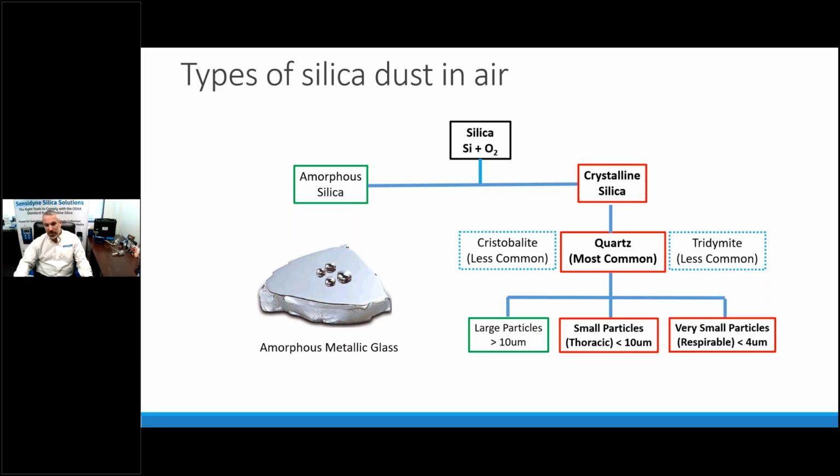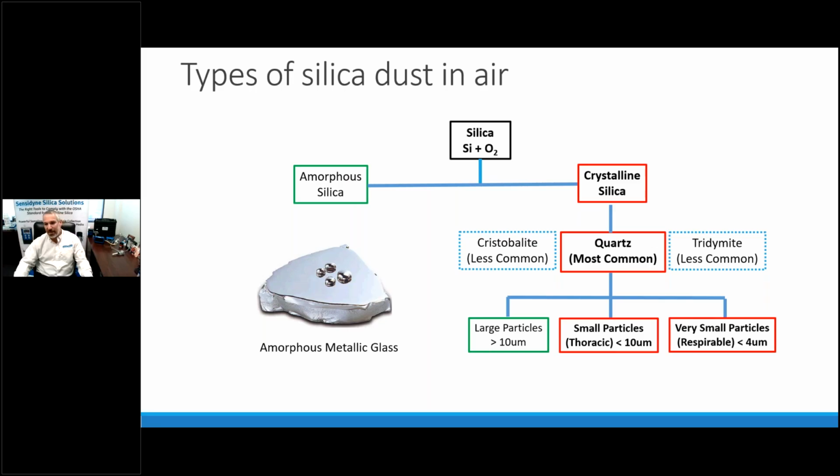Particles larger than 10 microns, usually up to 100 microns in size, are an inhalable fraction. Not that this presents no danger, but most certainly less than those smaller particles, less than 10 microns, that can get into the thoracic region of your lungs.